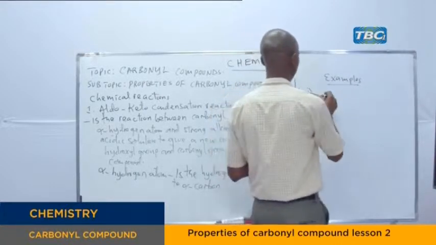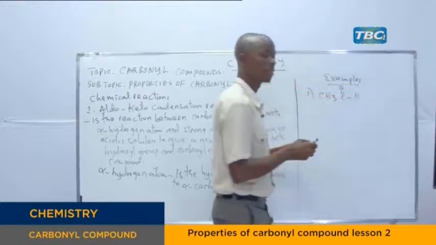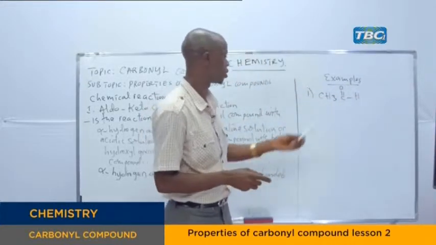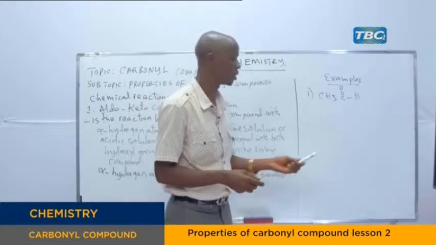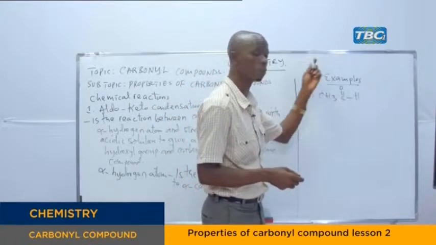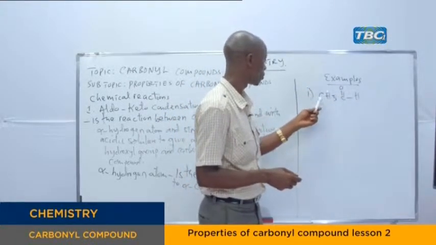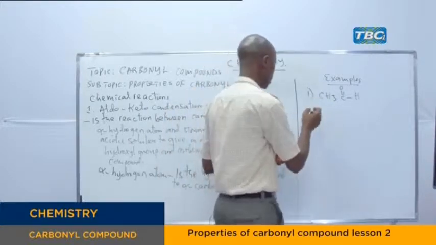Roman 1. This is ethanal. It is one of the examples of the carbonyl compound with alpha hydrogen atoms. This carbon is alpha carbon. It is bonded to this carbon with carbonyl group. So the hydrogen atoms bonded to this carbon are called alpha hydrogen atoms. So this is one of the examples.